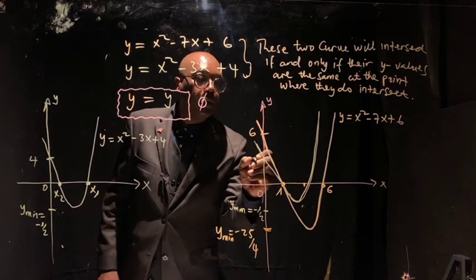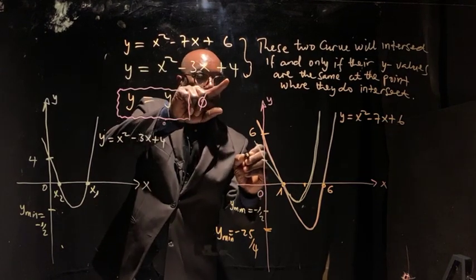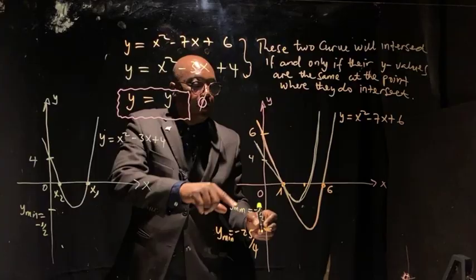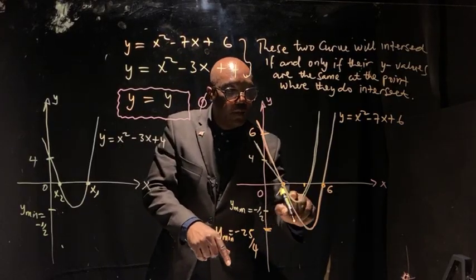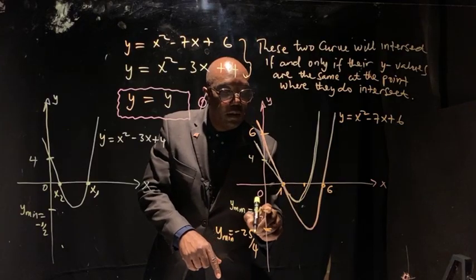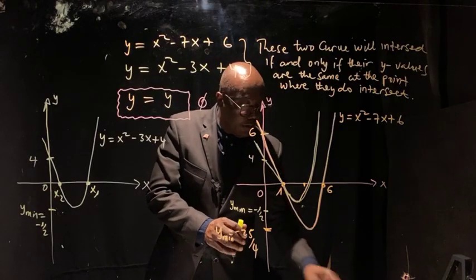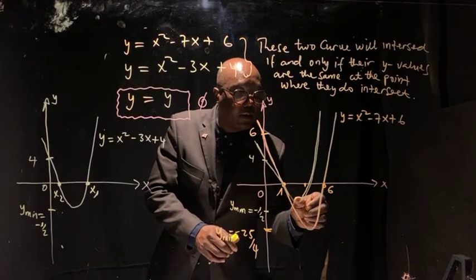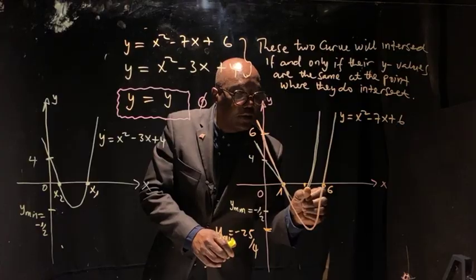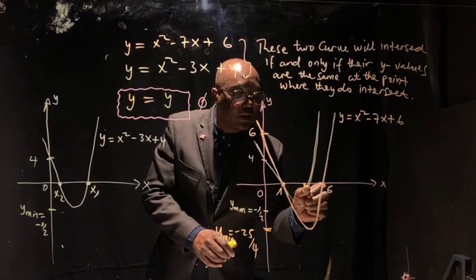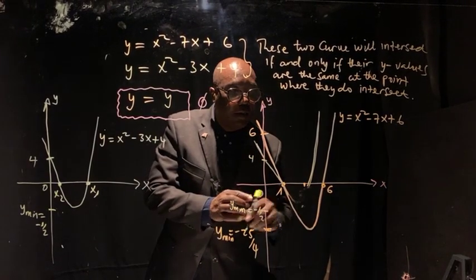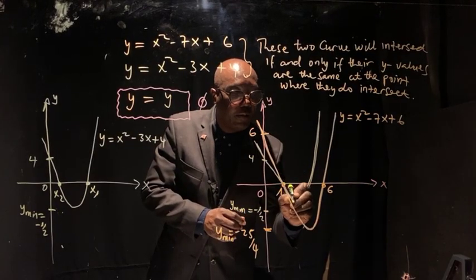This one is 4, as we can see, and the y minimum should be something like, this is just a rough sketch, just to give you an idea of everything that we are.